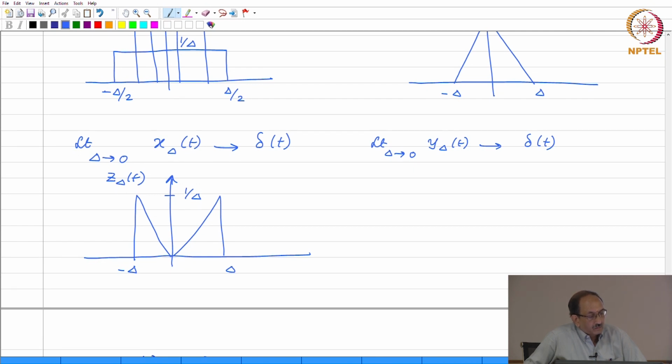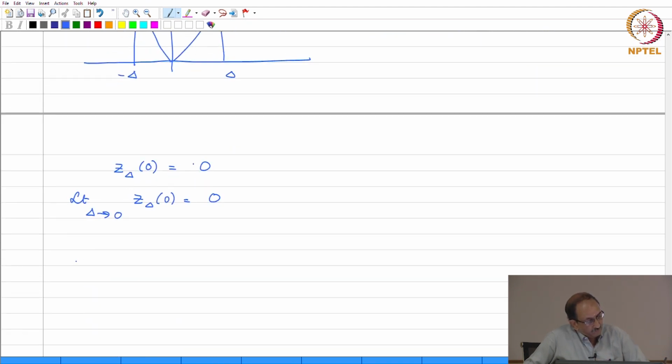As cap delta becomes smaller and smaller, in the limit as cap delta tends to 0, what does z delta of t tend to? What can you say about z cap delta of t in the limit for t not equal to 0?